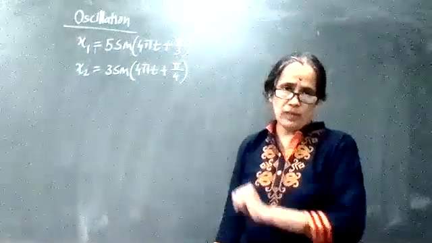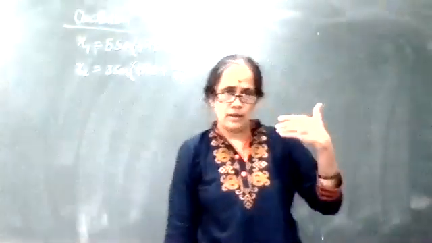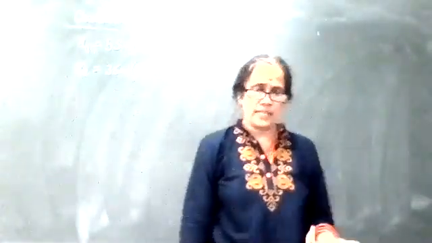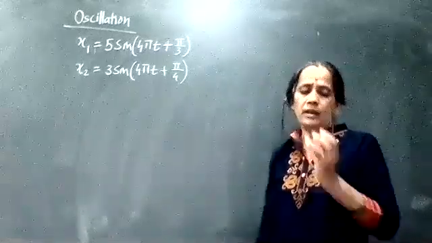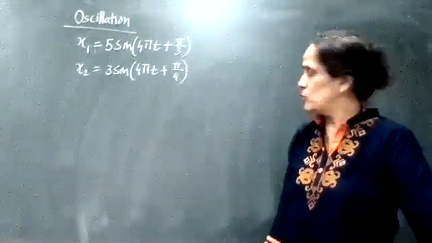These are two SHMs which are parallel to each other, superimposed on a particle. Means you have to do the composition of SHM. Determine the amplitude and epoch of the resulting SHM.